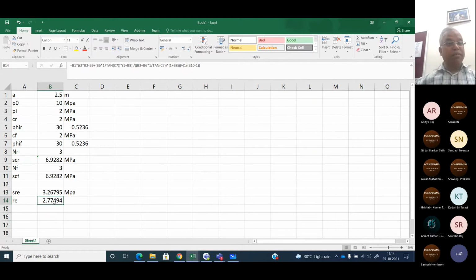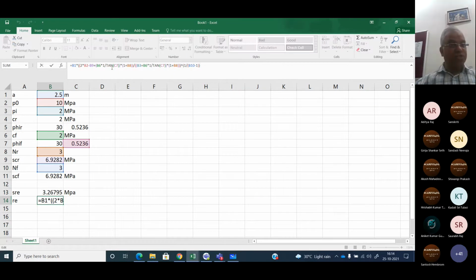Just a minute, let me see where I made a mistake. 2 into P naught minus this, plus CF 1 by cot phi f, all right, multiplied by 1 plus NR, then Pi, plus CF cot phi f.